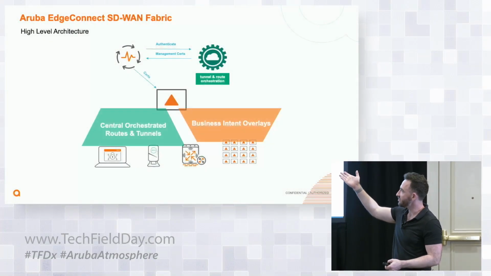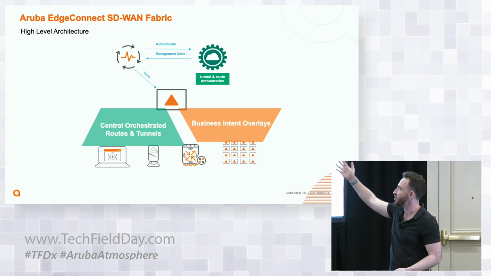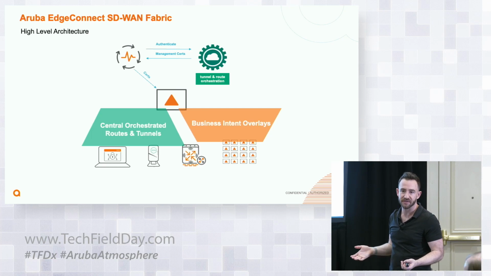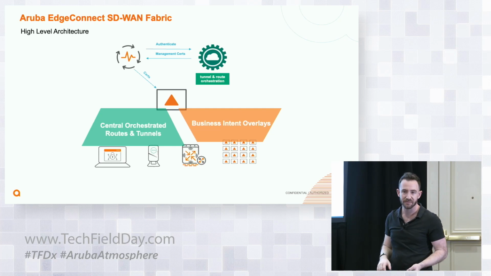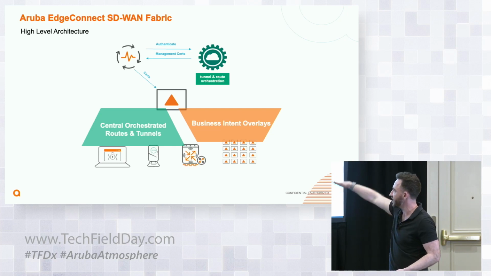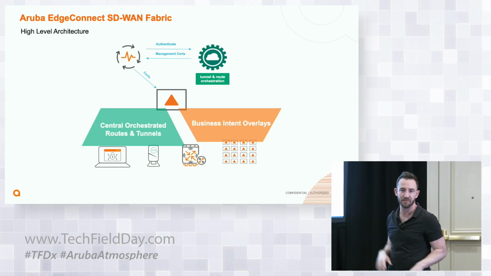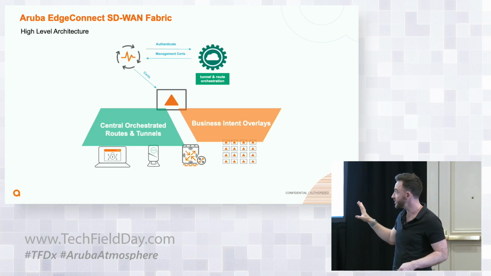The internal workings of that: the Aruba Orchestrator authenticates with Central. Central sends the Orchestrator management certs, right? Those certs get pushed out to the enterprise hubs, which enables the enterprise hubs to open their web sockets to Aruba Central and its orchestration services.